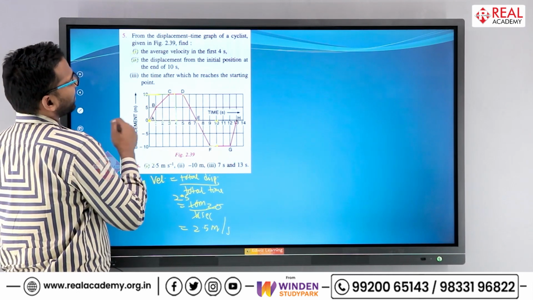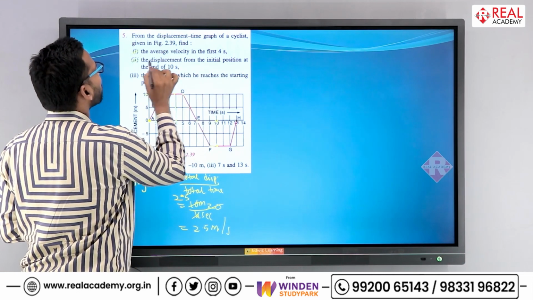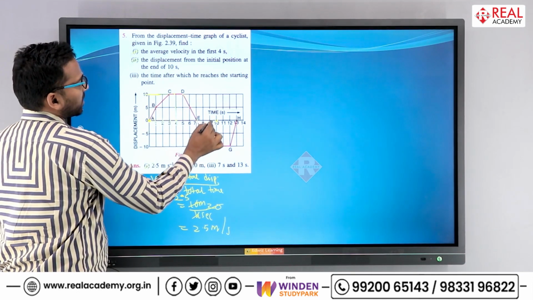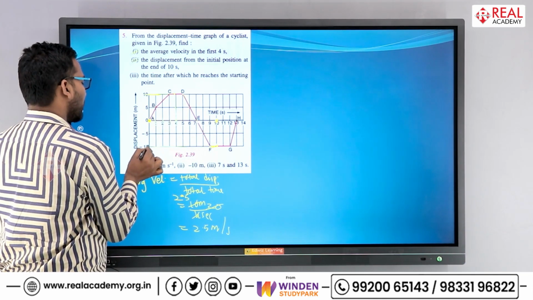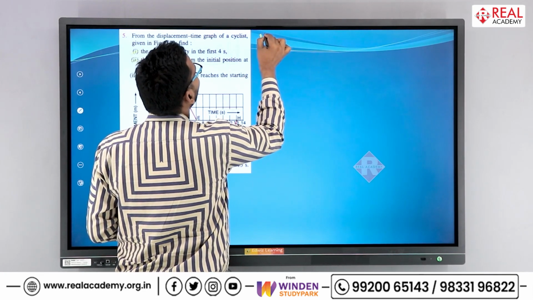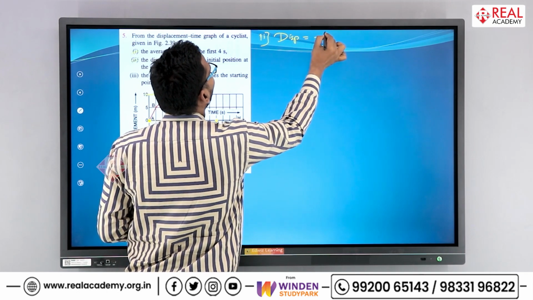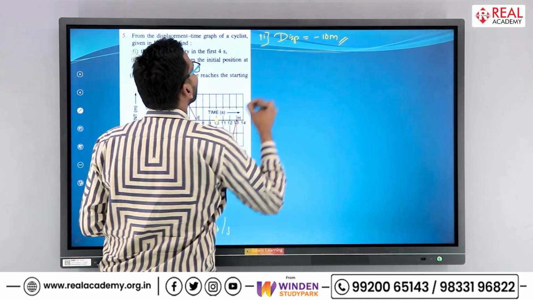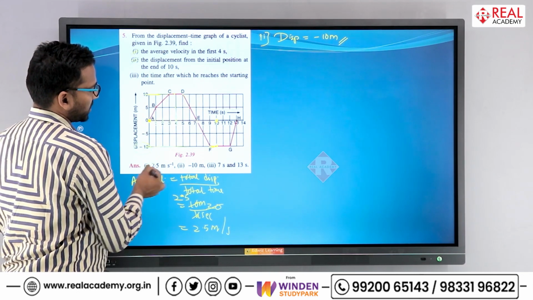So they are asking the displacement from the initial position to the end of 10 seconds. Up to 10 seconds, the displacement came from 0 to where? It came from 0 to -10. So displacement is -10 meter. Getting everyone?